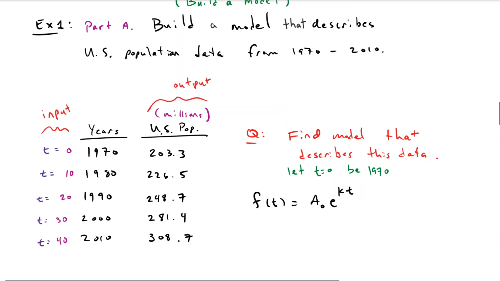Another reason that we like to use t equals 0 for 1970 or t equals 10 for 1980 is because if you're actually graphing this, your y is the population in millions and your x is the time, say in years. If we want to graph 1980 at 226.5 million, if we're starting with 1, 2, 3, we've got a really long time before we get to 1980.